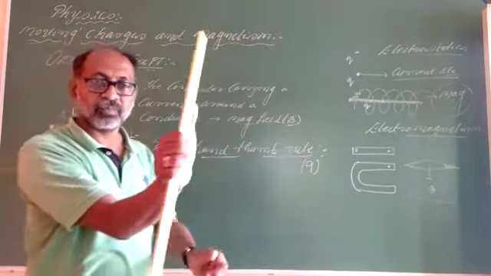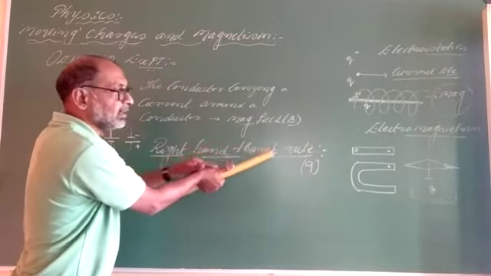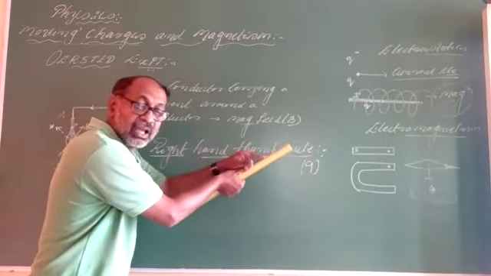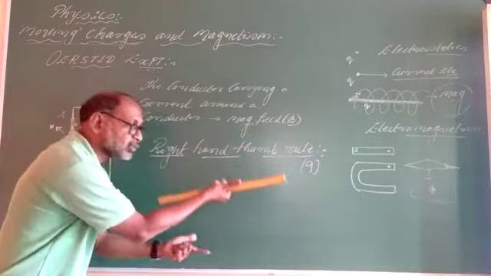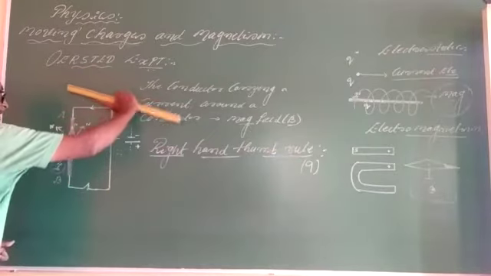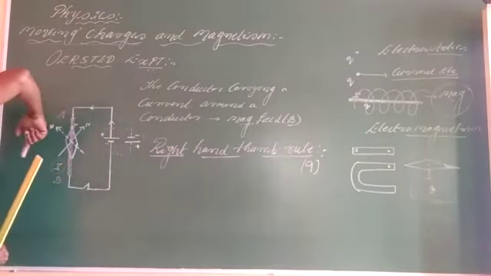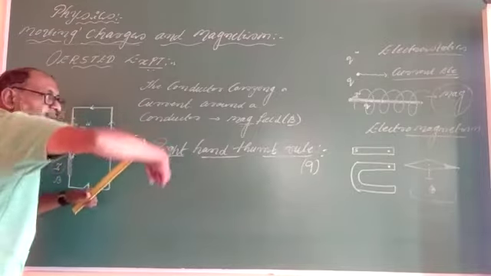The thumb shows the direction of the current, and all other fingers show the direction of the magnetic field. So you just observe, it moves in this way. So the magnetic field around is like this.